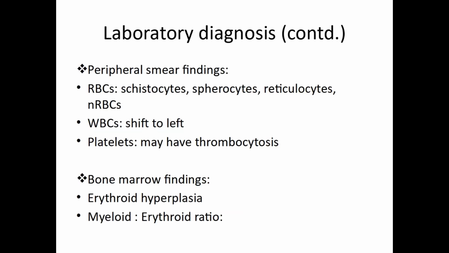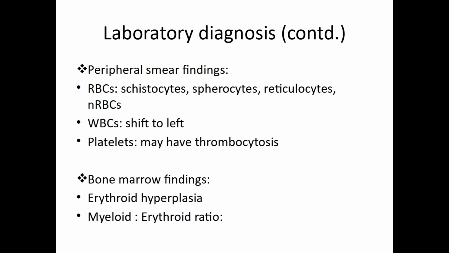Examination of a peripheral blood film will show morphological changes in RBCs, such as the presence of schistocytes or fragmented RBCs, the presence of spherocytes, the presence of reticulocytes, and nucleated RBCs. WBCs at times will show shift to left, that is, presence of immature WBCs. There may be an increase in platelet count.